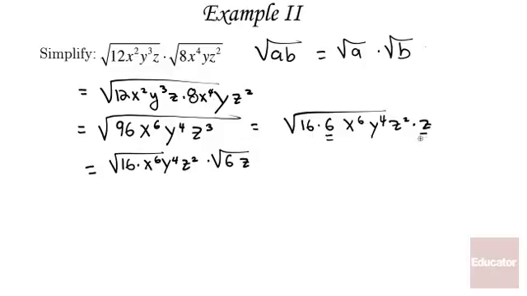So 6 and z are the two terms that are not perfect squares, so I'm separating those out. Now, let's work with this expression. First, the square root of 16. That's pretty easy. That's 4.